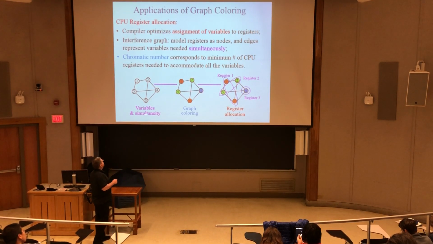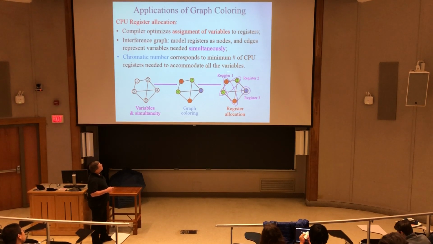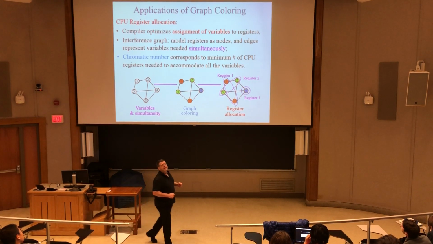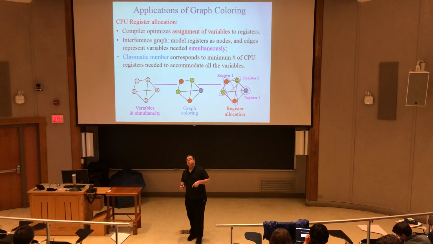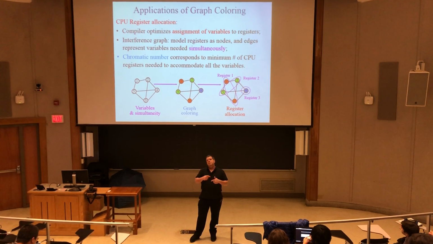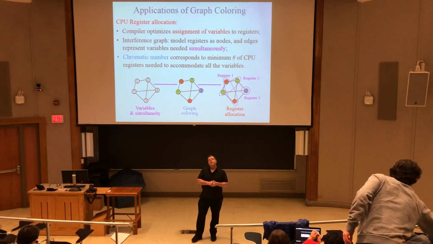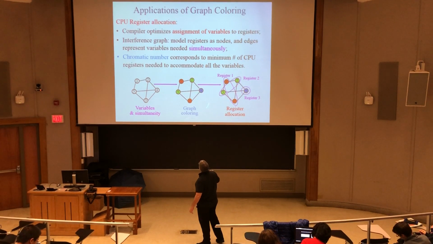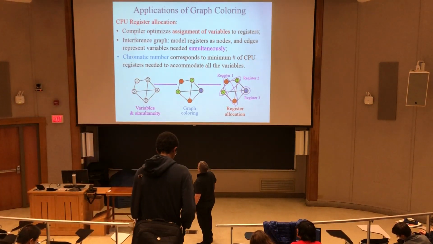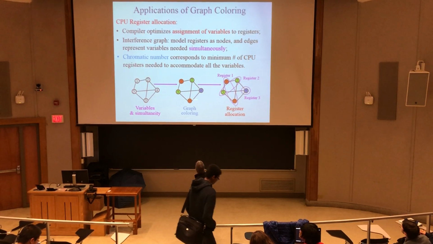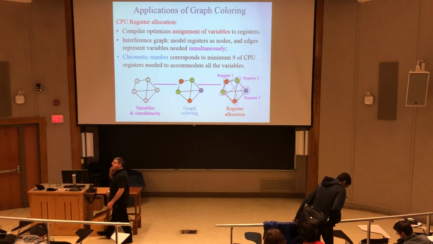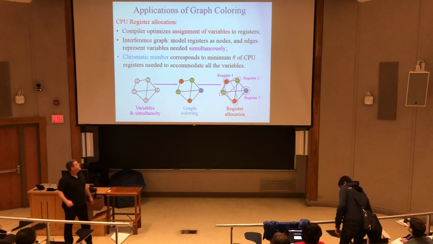So here you assign registers to nodes, and you model register conflicts as edges, because some variables model quantities that are related to one another, or one needs to be computed first before the other can be computed, as dependencies. So you model the dependencies between variables as edges, and the minimum number of colors necessary to color this register constraint graph is exactly the minimum number of registers needed.